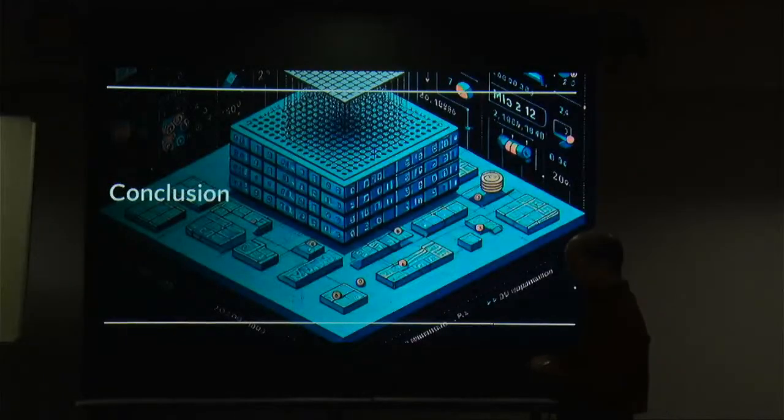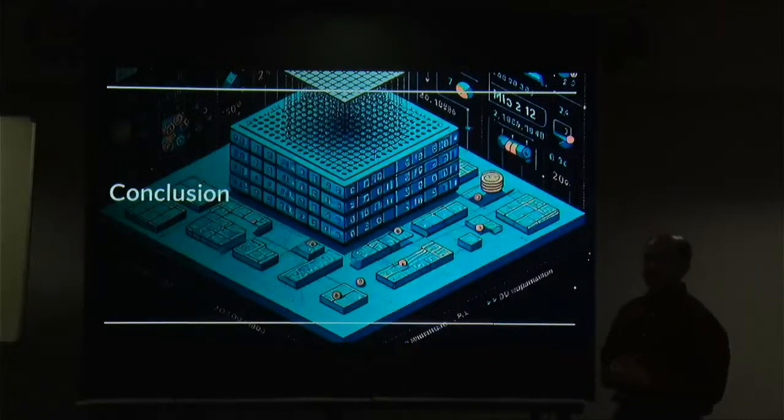So that's the conclusion. In conclusion, the answers to the 2 research questions are that yes, the MEL spectrogram features are quite well suited for analyzing music, for capturing the music information.